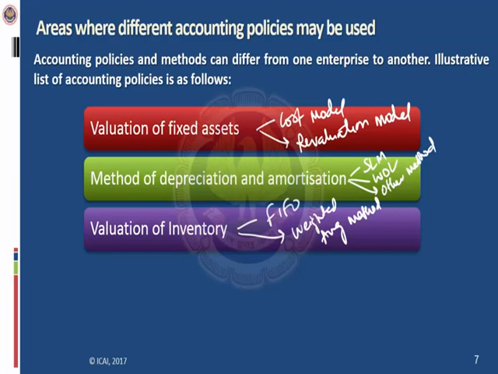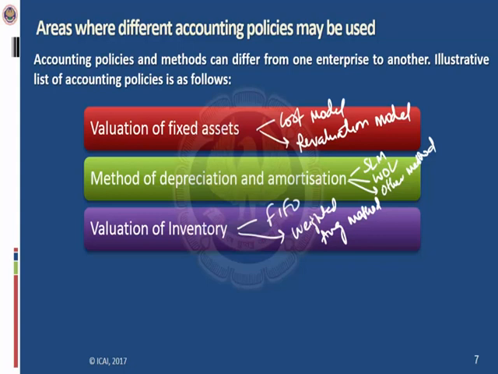So while valuing the inventory at the end of the financial year, while preparing the financial statements, the value of closing stock in the books of entity A is X amount, whereas the value of closing stock in the books of entity B is Y amount. Why? Because A is using the FIFO method and B is using the weighted average method.